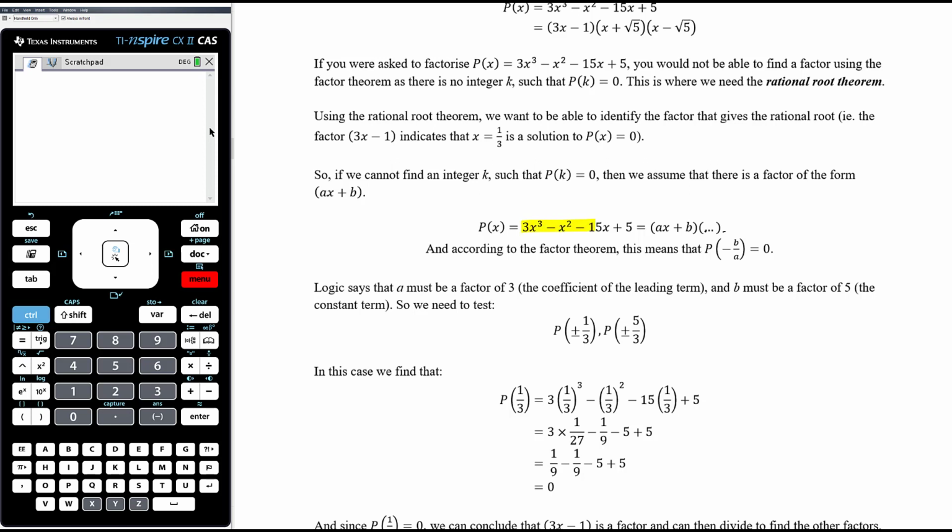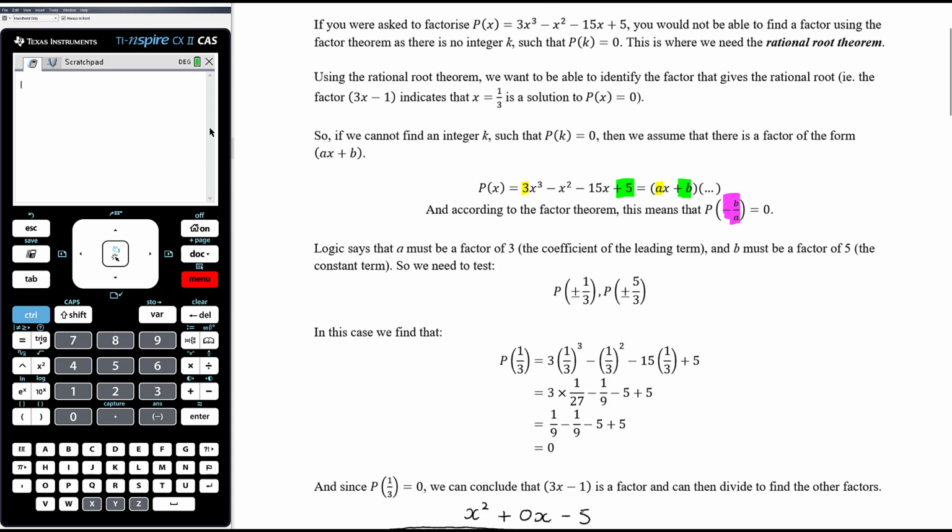If this polynomial equals this when it's factorized, who knows what the other factors are, but if one of the factors is ax plus b, we do know that a has to be a factor of 3, and we also know that b has to be a factor of 5. We want to test options of the form negative b over a. We can just test b over a and interpret our answer once we get it.